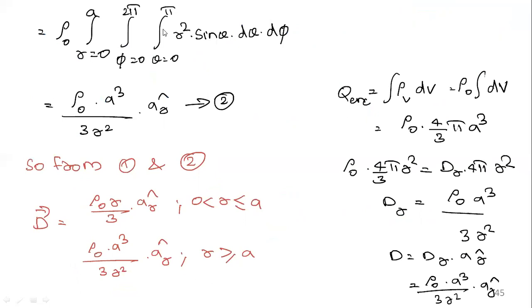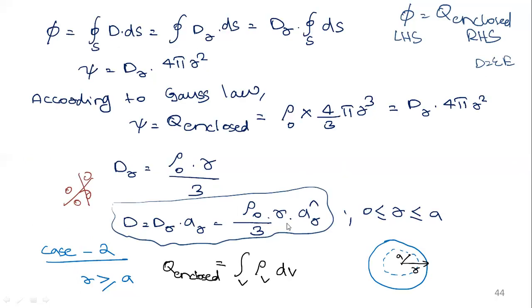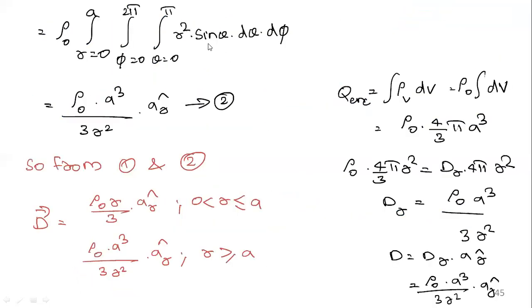So you know the limits in the spherical coordinates. So dv is equal to r square sine theta dr d theta d phi, because we have studied in spherical coordinates what will be the differential elements.